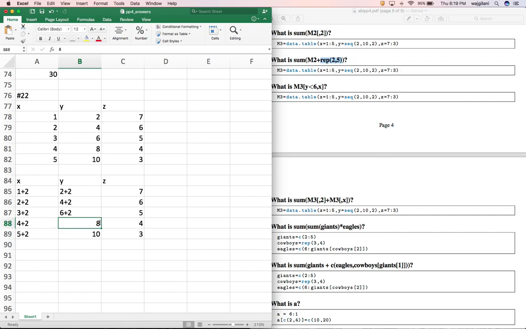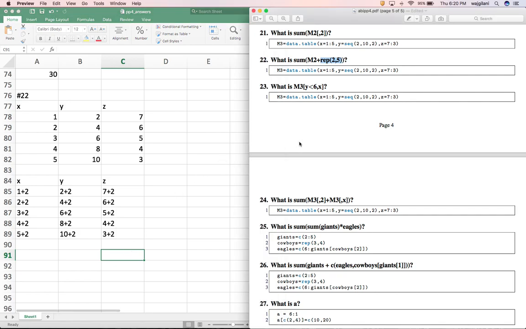Plus 2. You guys get the gist of what's going on here. Boom! Right? So plus 2, plus 2, plus 2, plus 2. And then this table is going to be enhanced by all the 2s. It's going to be added to all these new values. And then you're just going to take the summation of that whole table.